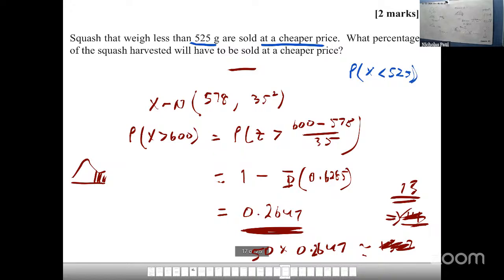So all we have to do is work that out. First thing we're going to do is standardize: 525 minus 578 all over 35. That's the probability of Z less than, how much is that?